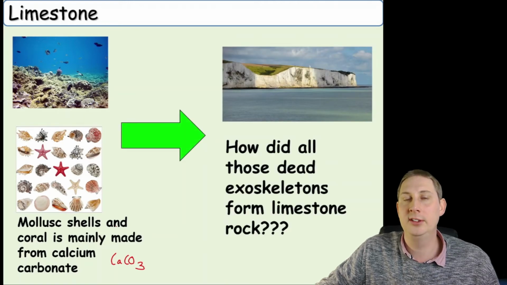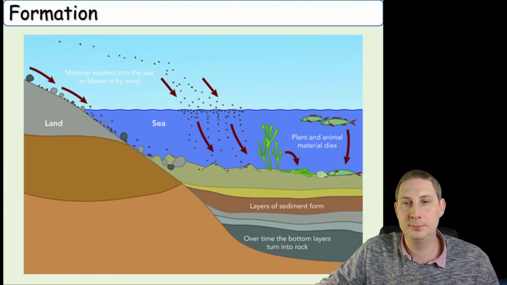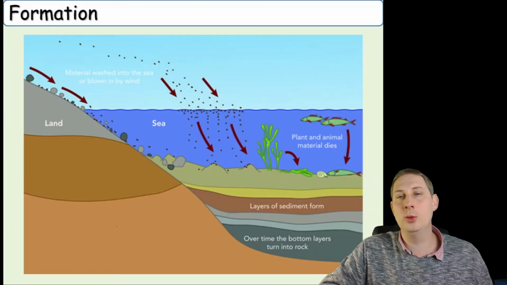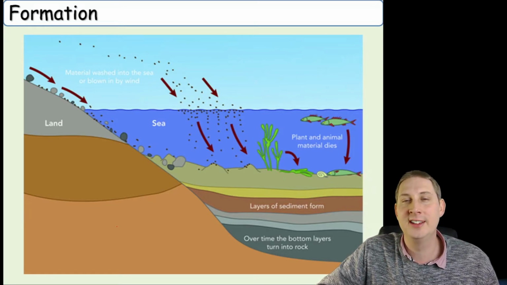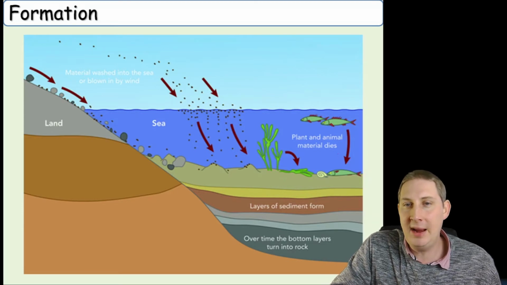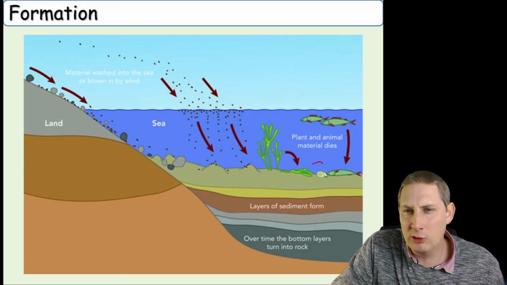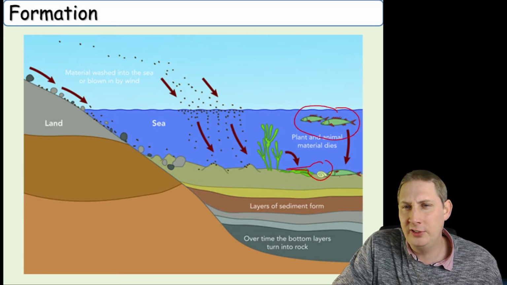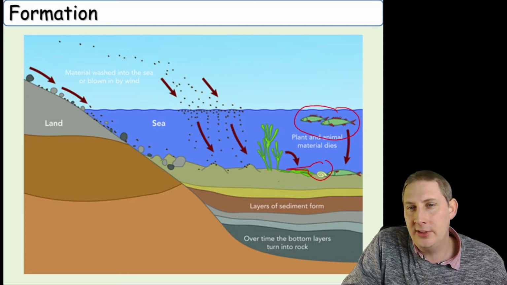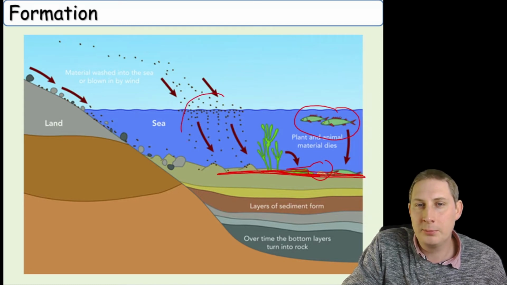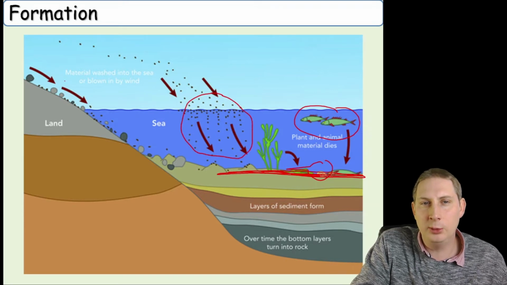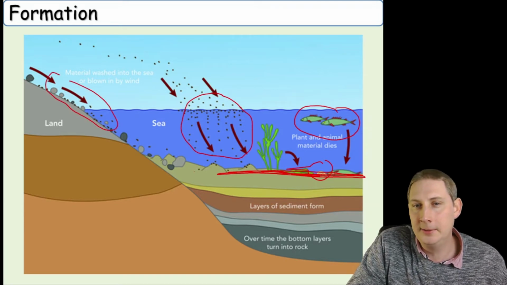But how did they turn into limestone? Well, we're going to do a whole topic after this one on the formation of rocks and how they are interconverted. But basically, all of these dead corals and mollusks and fish die and they fall to the bottom of the seabed and they form a layer along with bits of rock that have been ground up and blown in or washed in.